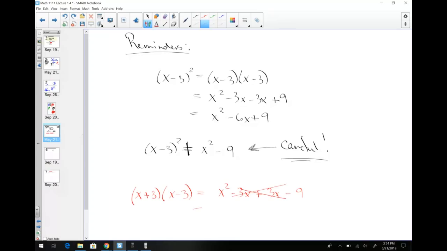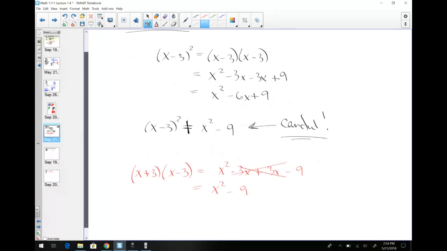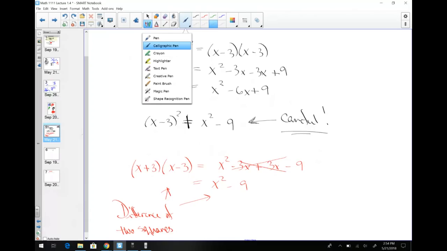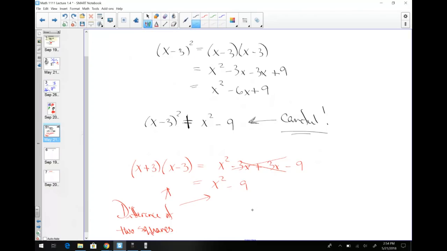And those will cancel out in the middle. What this is called is a difference of two squares.